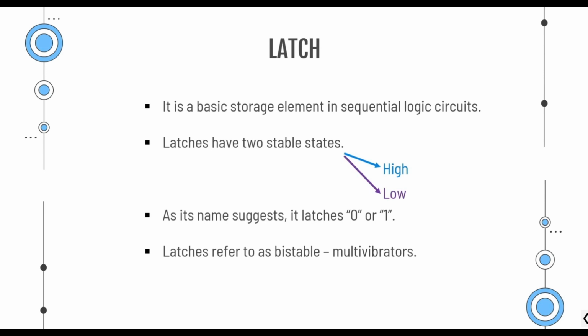Due to this, the latch is also referred to as a bistable multivibrator. I mentioned earlier that a latch is a storage device and it holds the data using a feedback lane. The latch stores 1 bit until the device is set to 1. The latch changes the stored data and constantly tracks the inputs when the enable input is set to 1.